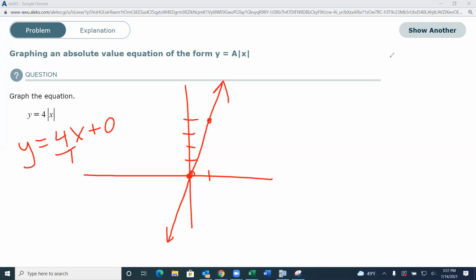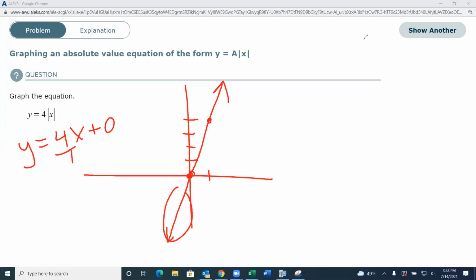That's cool. But here's what happens. Because the absolute value says, hey, I only do positive stuff. It's kind of like prima donnas in basketball. Hey, I don't play defense, I only do offense. Anyway, they don't do any negative. This is never negative, so therefore y is never negative.